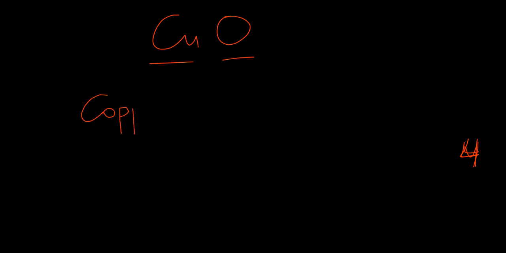The question is, do we go for a parenthesis? And the answer is yes. Why? Because copper has variable oxidation state. What it means is that we need to calculate the oxidation state of the copper. So Cu plus the oxygen equals the charge on the compound, which is 0.